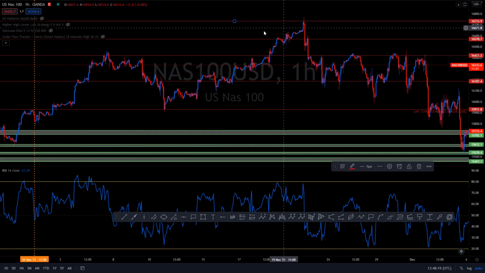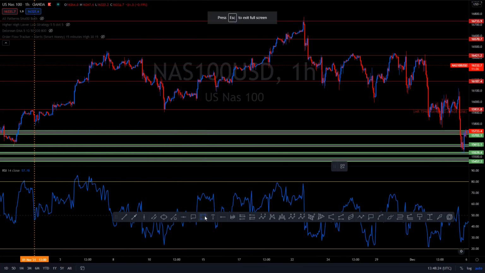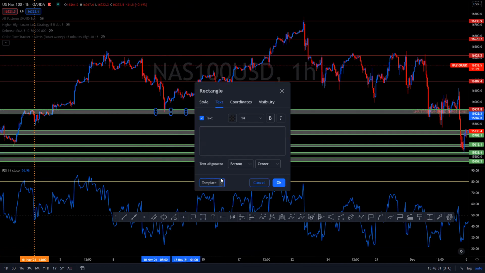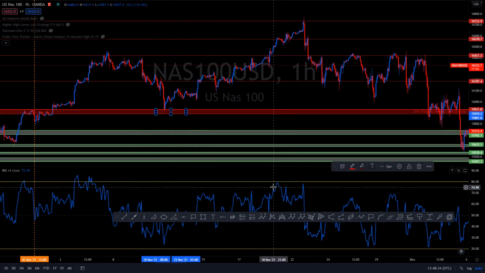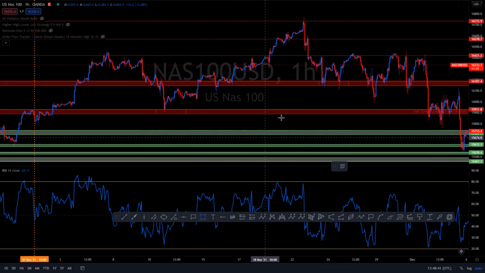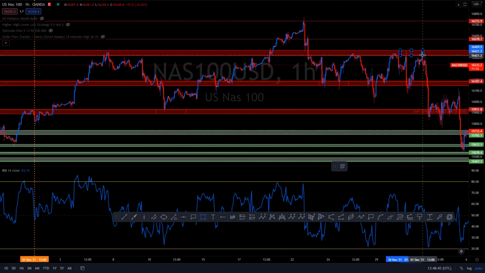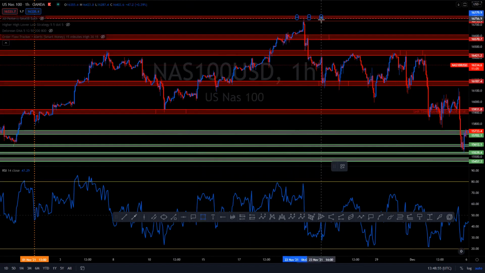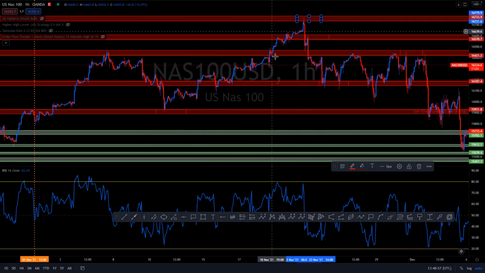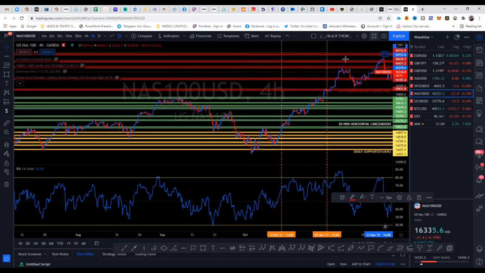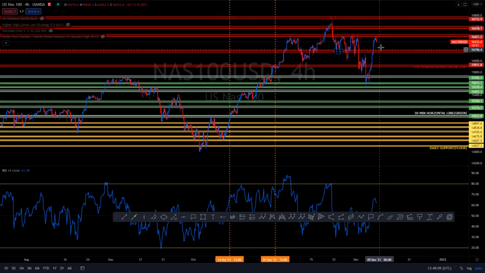All right. Then I'm going to draw my supply and demand zones off of these. All right. So we did that. Let's go to the 4 hour. Looks like we got everything marked up perfectly all the way to the current price.